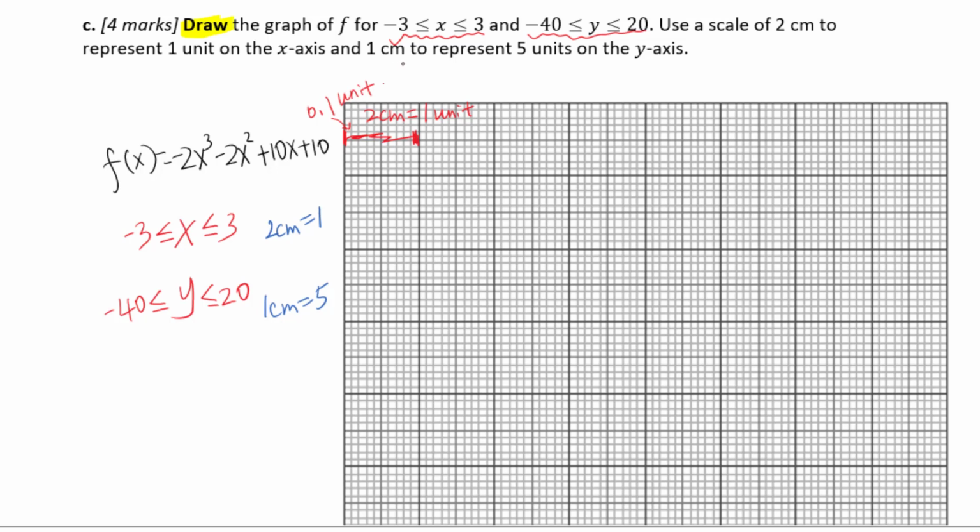And 1 centimeter to represent 5 units on the y-axis. This is 1 centimeter. 1 centimeter represents 5 units, which means this small 1 unit stands for 1 unit.